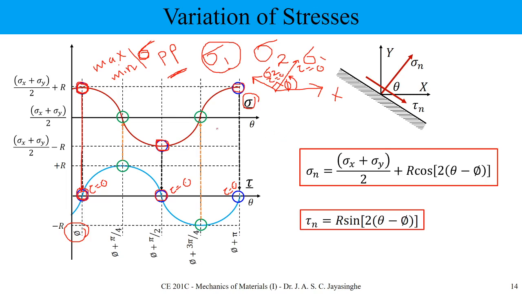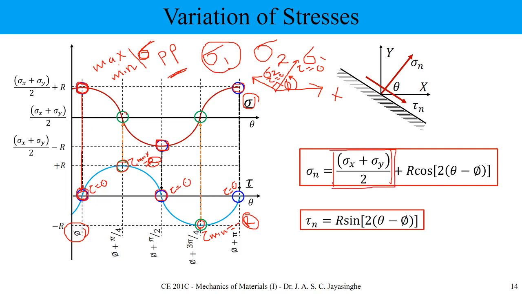At the same time, you can check the other way. When you check the maximum tau positions, this is τ max and this is τ min. Value-wise they are the same: τ max equals R and τ min equals minus R. At that time our normal stress does not go to 0, because it has a constant value, the shift of axis.